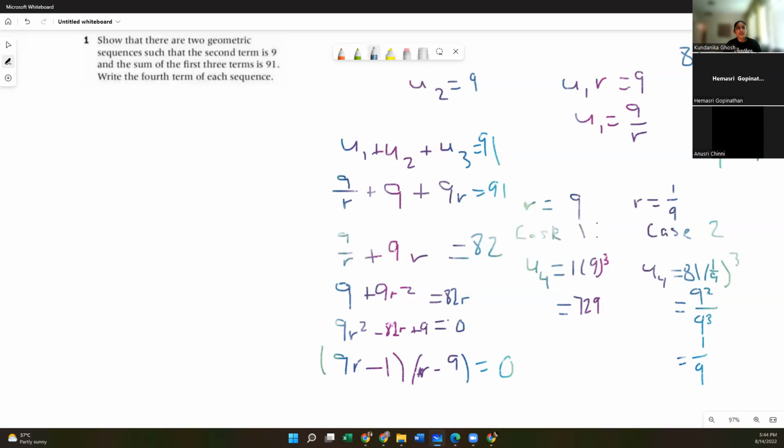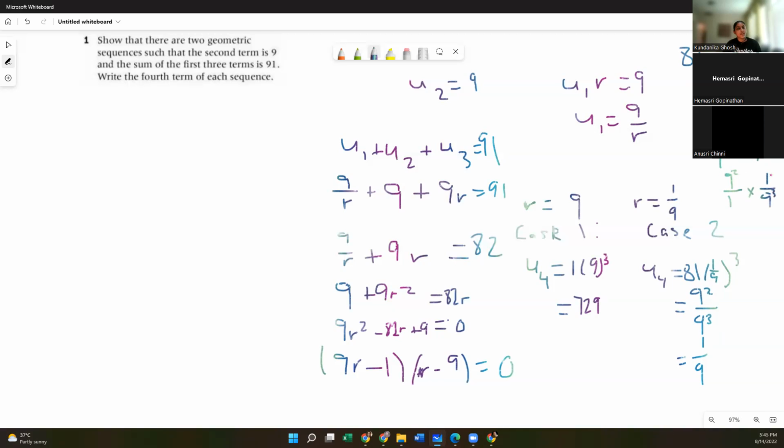And 1 over 9 to the power of 3 times 9 to the power of 2, you can't just look at that and multiply. Another thing you can do is just do 9 to the power of 2 over 1 times 1 over 9 to the power of 3, right?